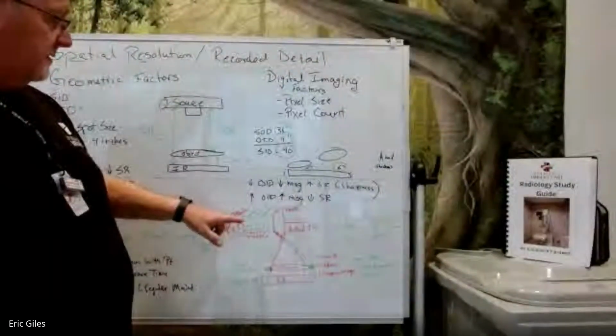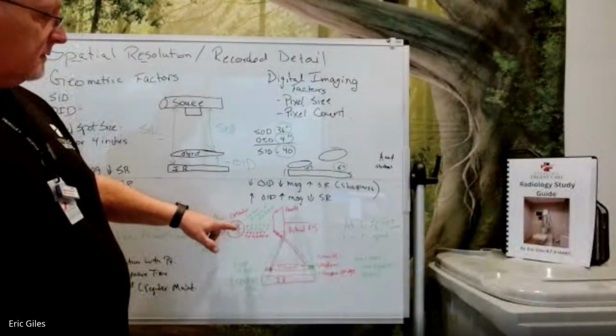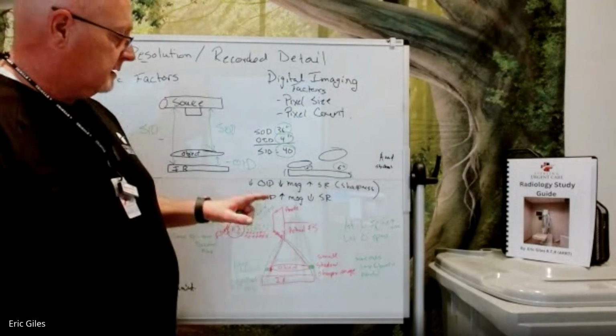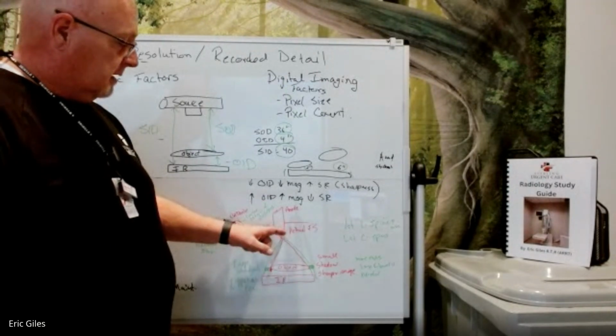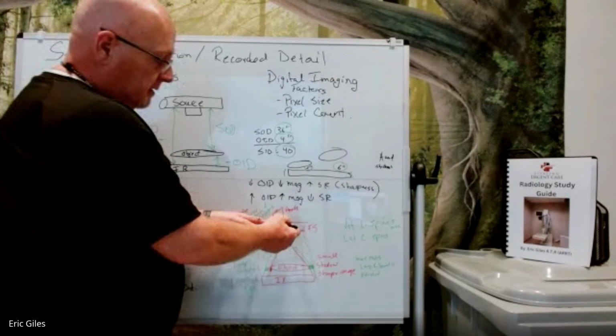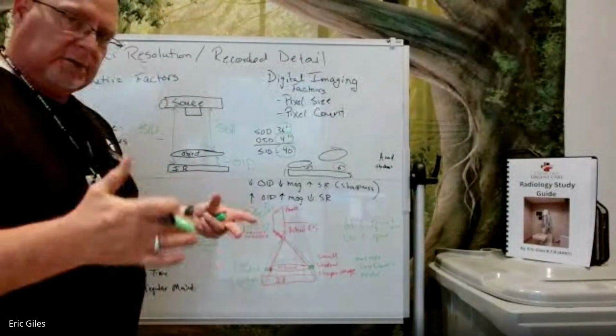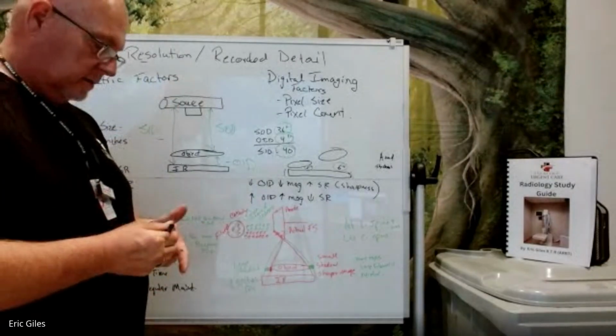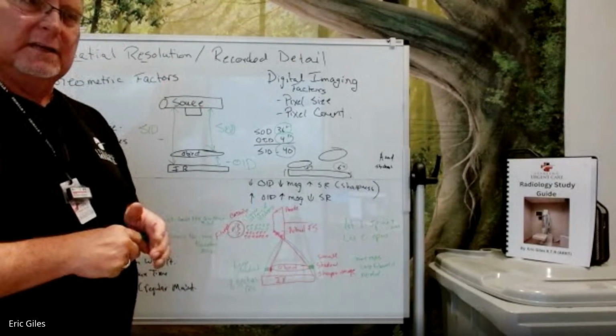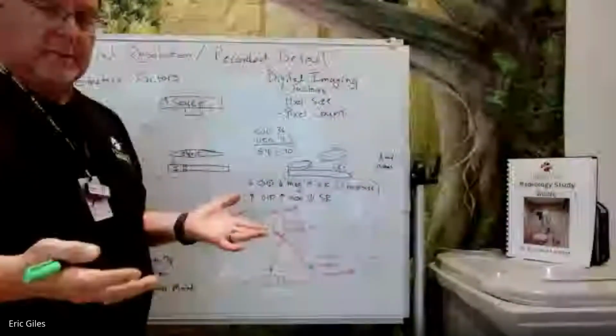If we send all these electrons and we use the large filament, it's going to come over here, hit the focal spot, and it's going to come down an even bigger cone. And we're going to have unsharp edges on our image usually. That's due to the large filament or the large focal spot.